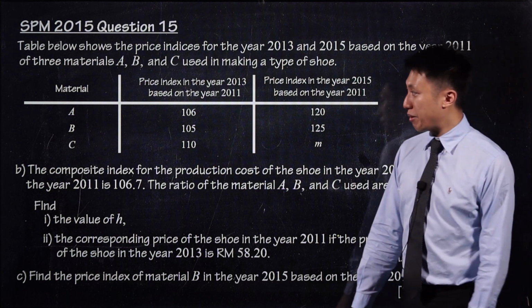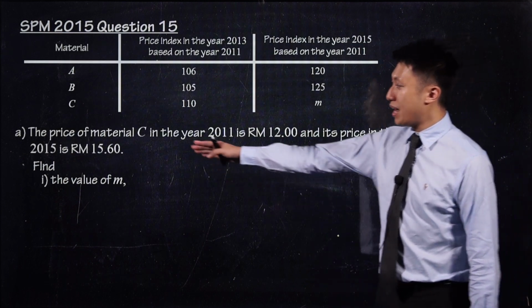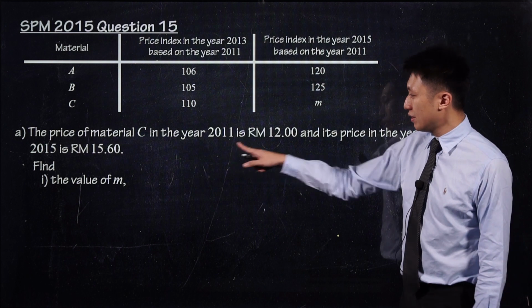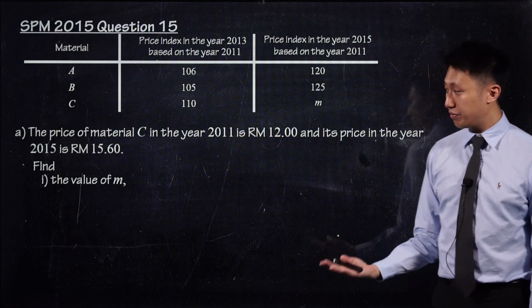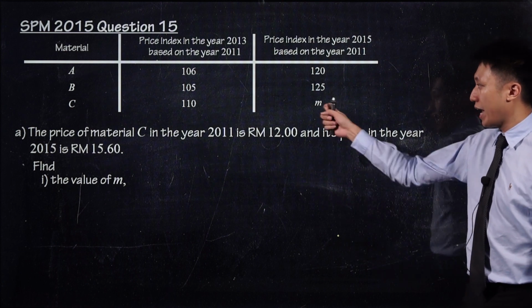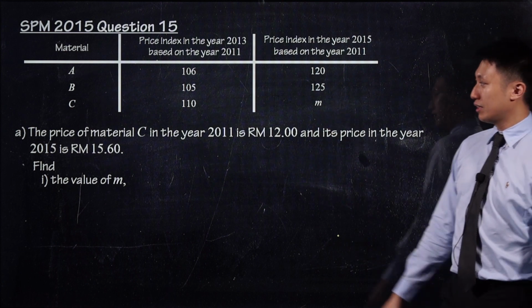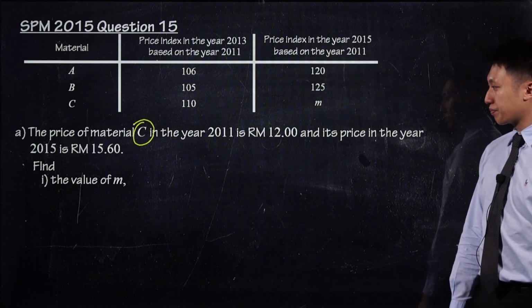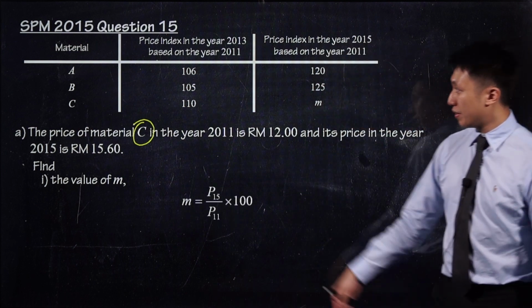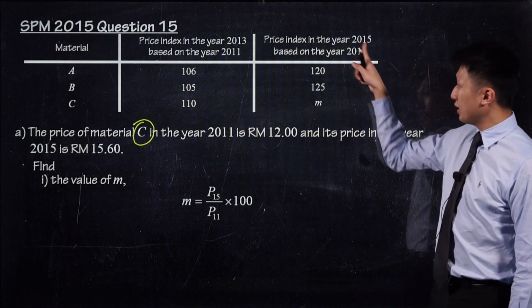Alright, so let's get back to this. The price of material in 2011 is RM12. Price 2015 is 15.6. Find the value of M. Okay, so this is on C. Okay, what you can do? Very simple. M is what? M is here. 15 and 11.